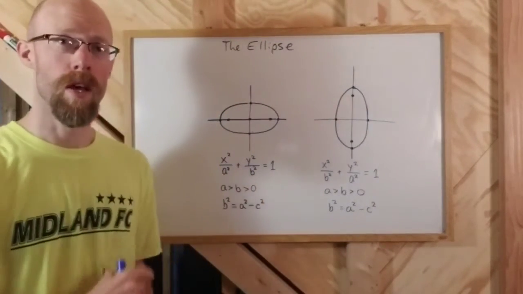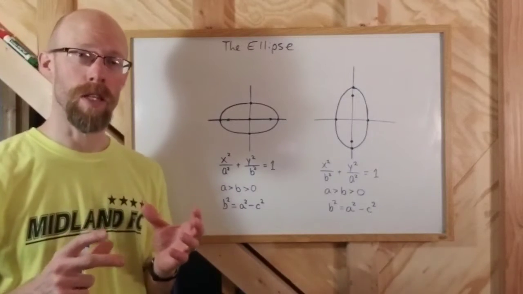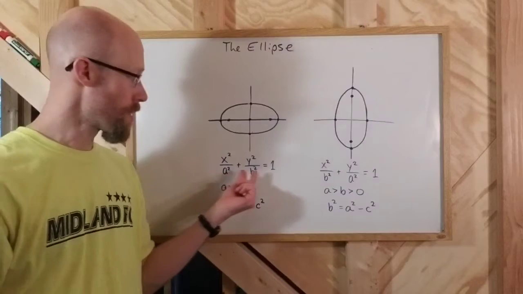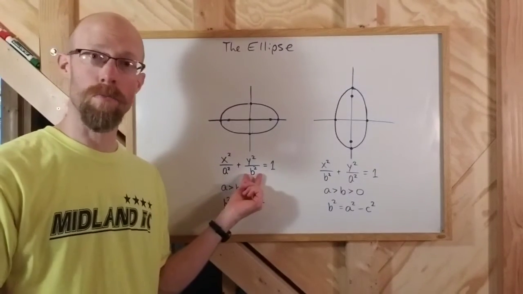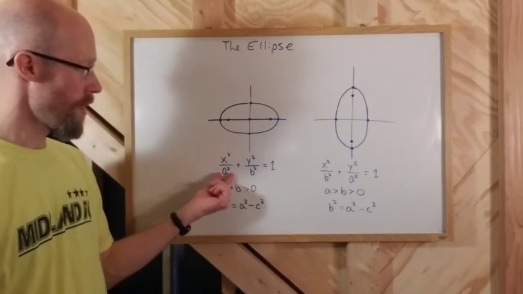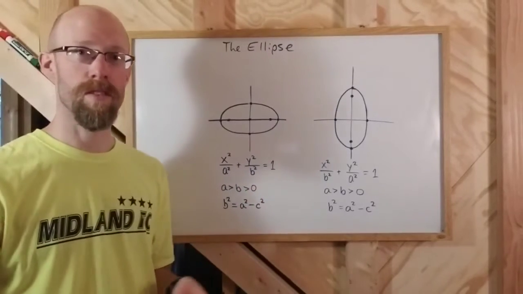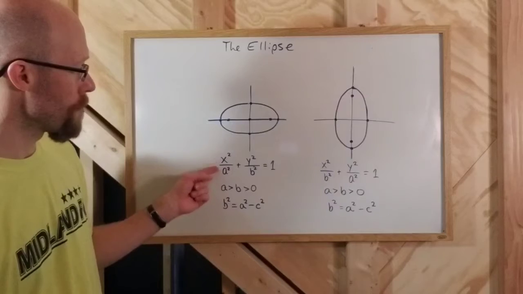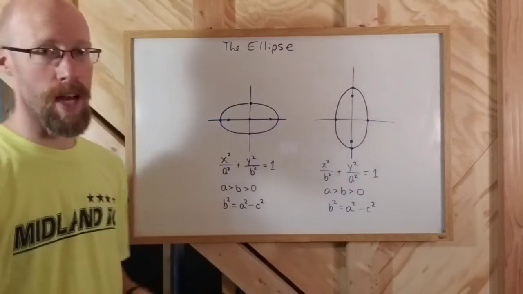Basically what that means is when you have your formula for an ellipse, the number under the x squared will be the bigger one, the number under the y squared will be the smaller one. Okay, so this could be a 9 and this might be a 4, for instance. And so if the bigger number is under the x squared, that means it lays horizontally.